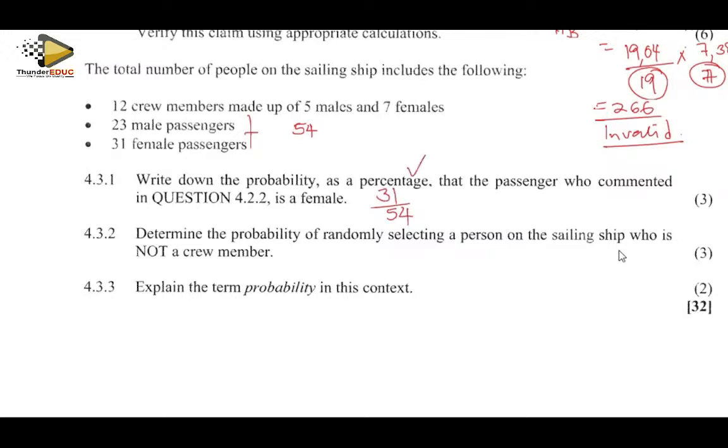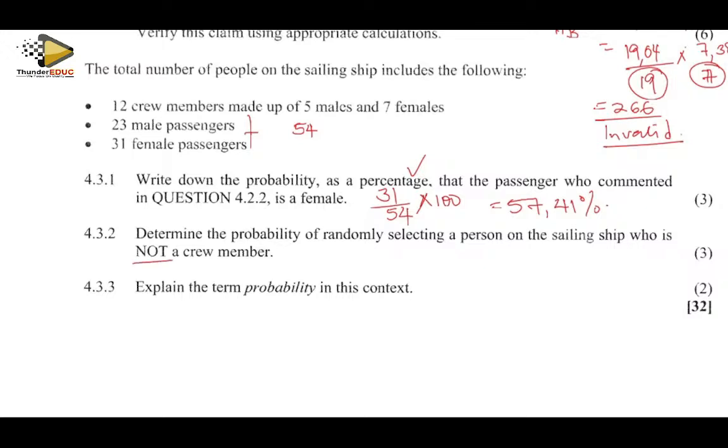But as a percentage, multiplied by 100. 31 divided by 54 times 100. The answer becomes 57.41%.